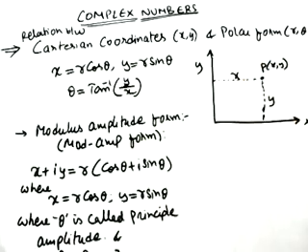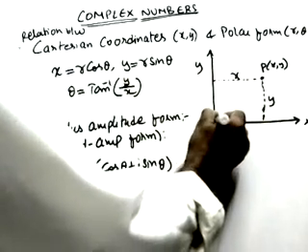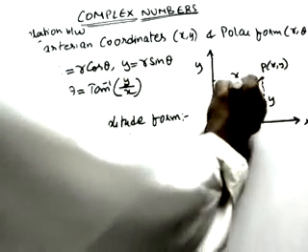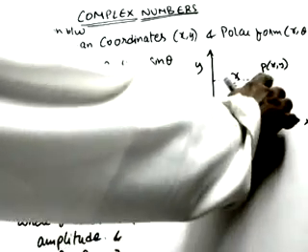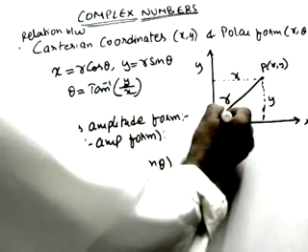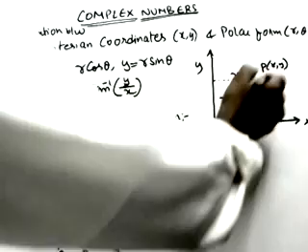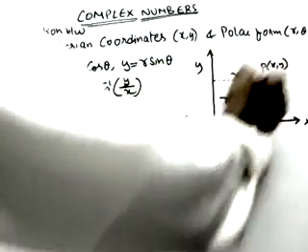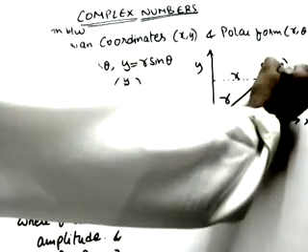In other terms, in polar form, the distance from the origin to the point is denoted by r, and this angle is denoted by theta. This is the angle made by this r with the positive direction of the x-axis.